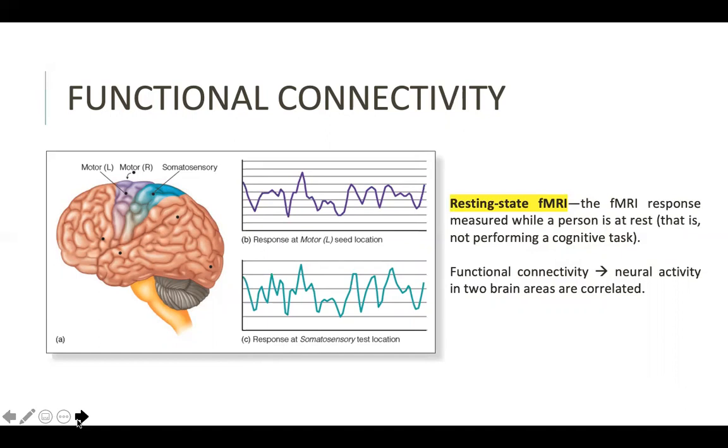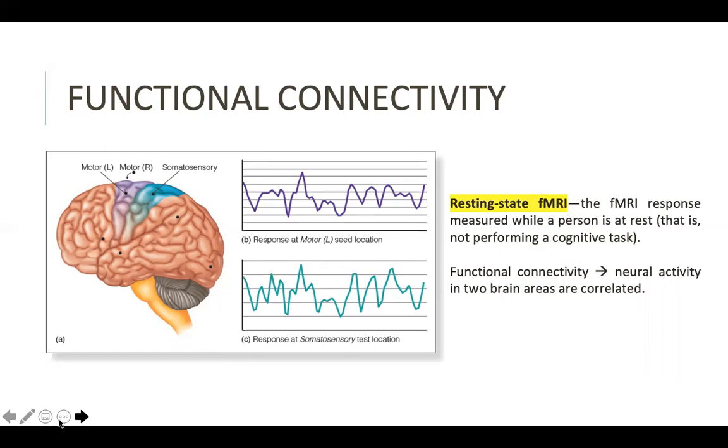One method of determining whether the responses of two areas are correlated is resting state fMRI, which is the fMRI response measured while a person is at rest, that is, not performing any cognitive task.